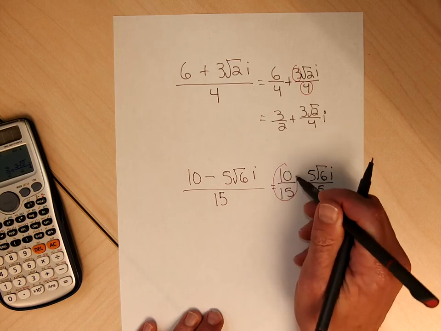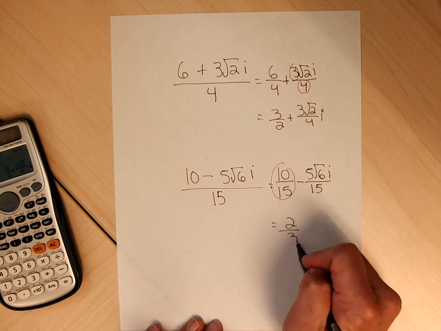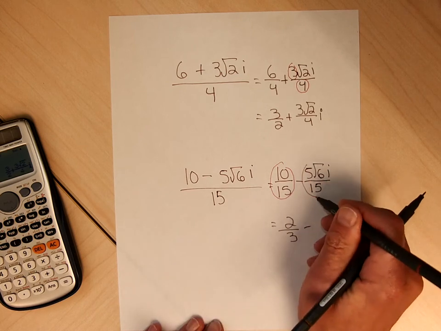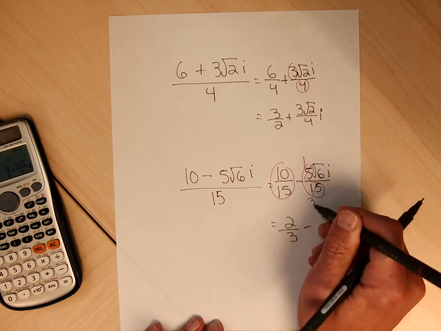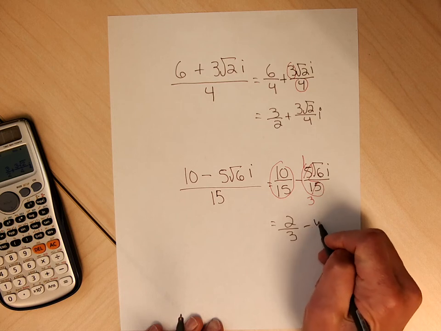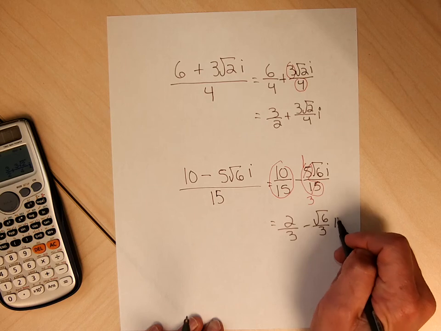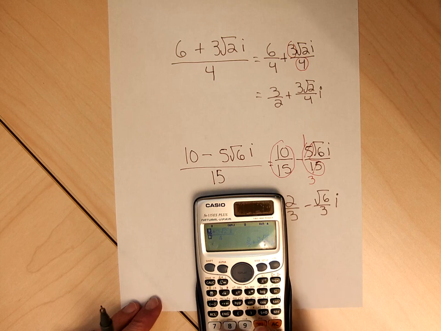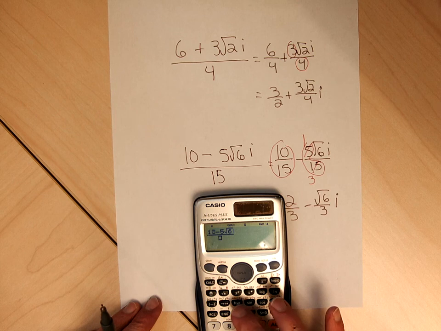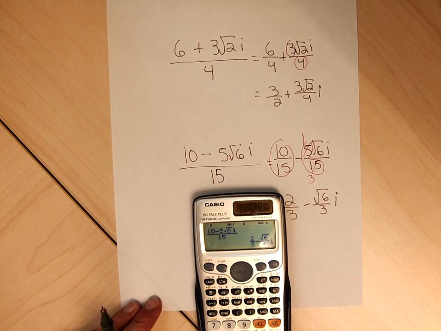I'll reduce both of these by 5. 10 divided by 5 is 2. 15 divided by 5 is 3. I'll divide both of these by 5. When you divide it by 5, you get a 1. That when you divide it by 5, you get a 3. I don't need the 1. The number part of the second fraction would have a radical 6 over 3, and it'll drag the i out. Again, if I entered this on this calculator, fraction 10 minus 5 rad 6 i over 15, it'll reduce it just like that.